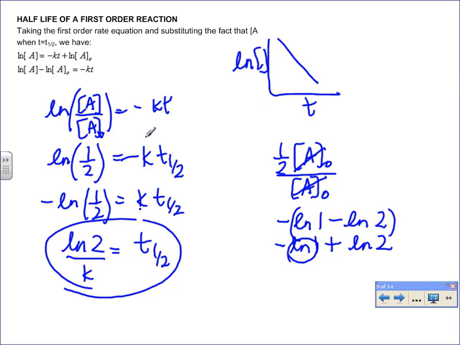One of the things that's particularly special about a first order reaction is that the half-life of the reaction depends only on the rate constant. It's independent of the initial concentration, and it's inversely proportional to the rate constant. So the higher the rate constant, the lower the half-life.